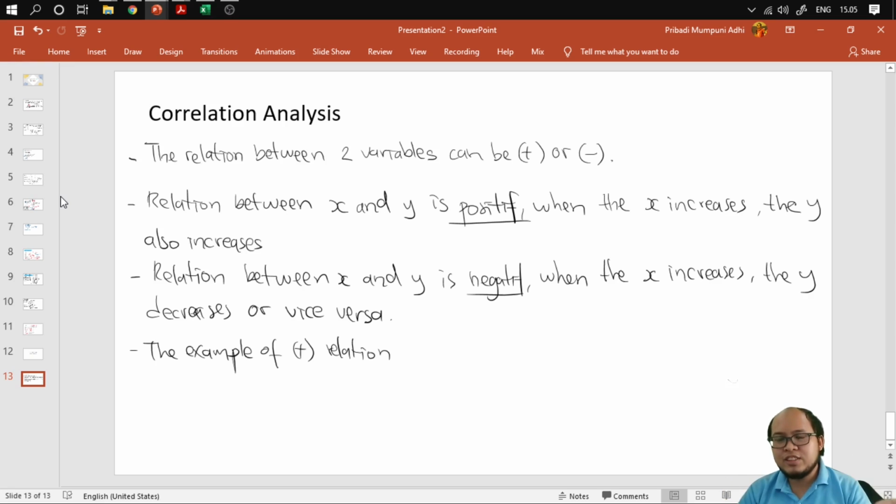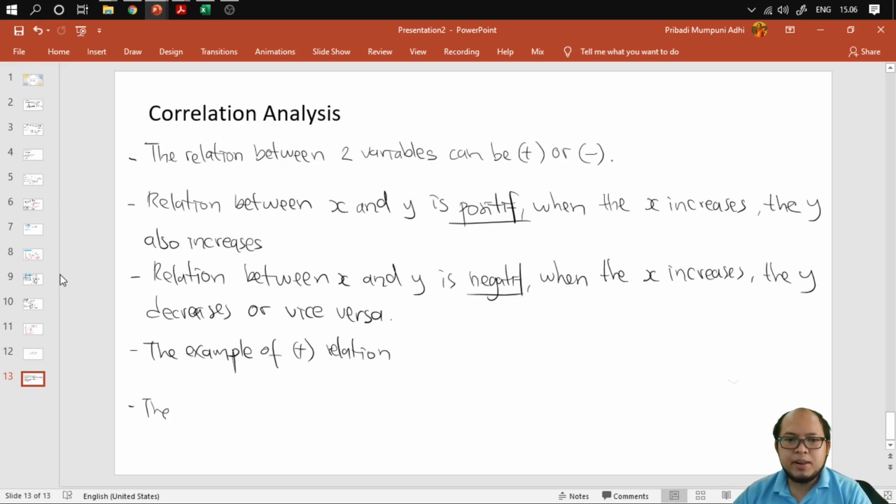Or in the manufacturing, when you increase the quality of the goods, the material, also the cost of the production will be increased. So these are some examples of the positive relation.